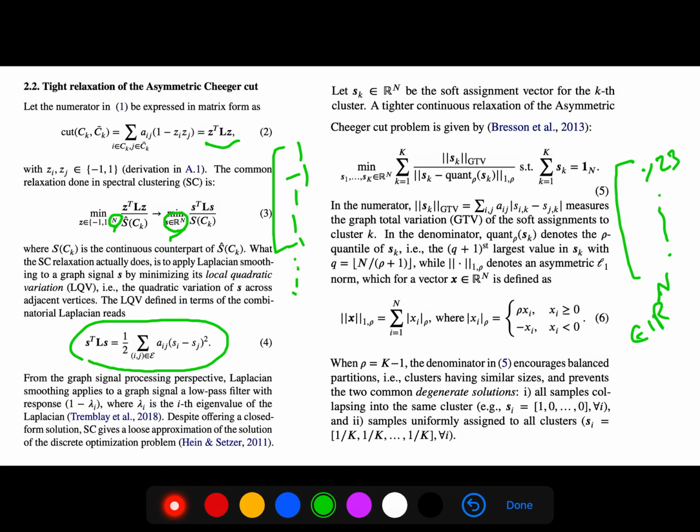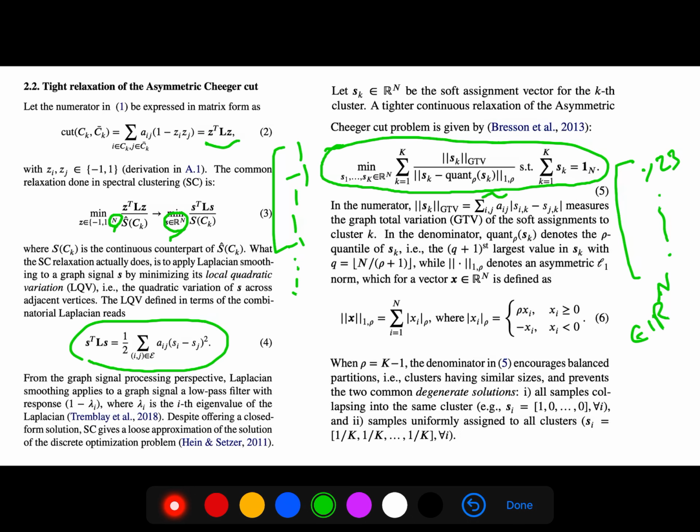So let S_k be the soft assignment vector for the kth cluster. A tighter continuous relaxation of the asymmetric Cheeger cut problem is given by this objective. In the numerator you will see GTV, which is called graph total variation.